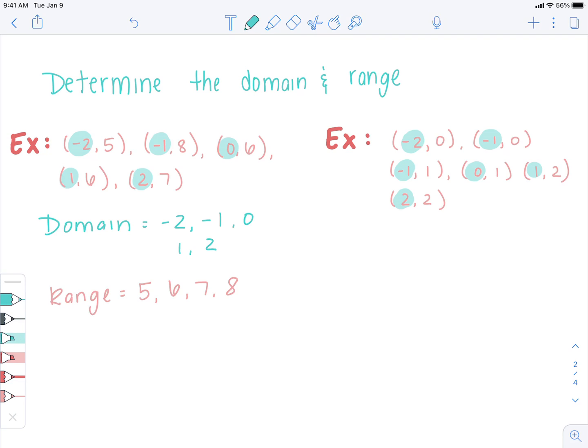And I notice that they're already in order for me, which is nice. So I have a -2, -1, 0, 1, and 2. And I don't need to write that -1 more than once because I've already said it exists as an x value, so I don't need to list it multiple times.